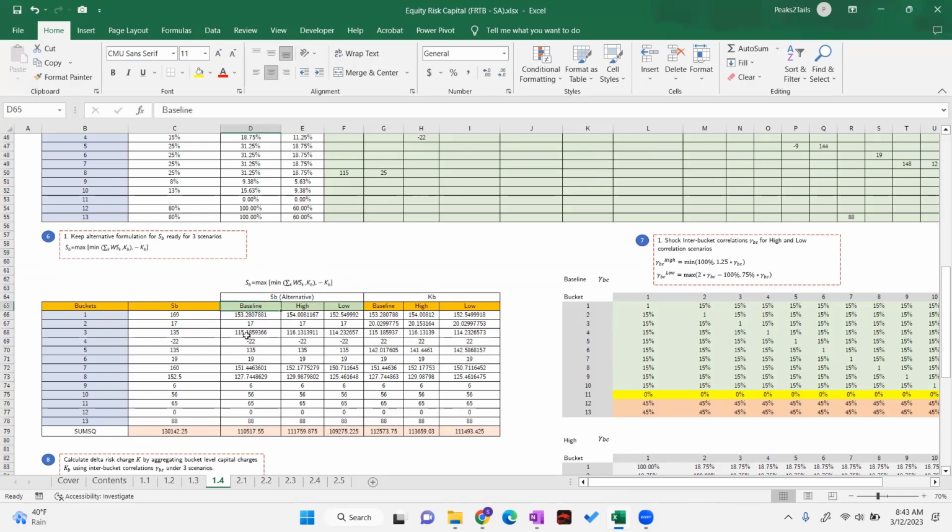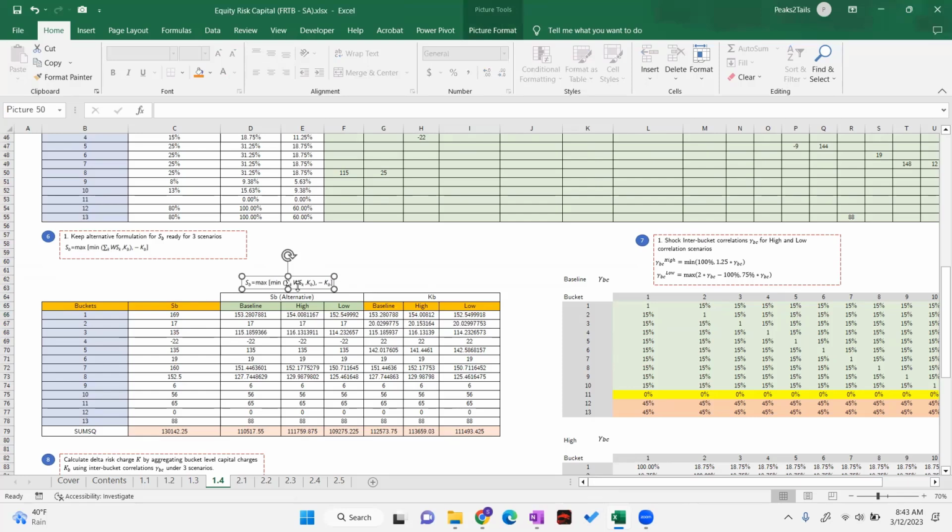For baseline, you have a different KB. For high, you have a different KB. For low, you have a different KB, because we are using different intra-bucket correlations. So for each scenario, KB is different. That's why this alternative definition of SB will be different for different scenarios.